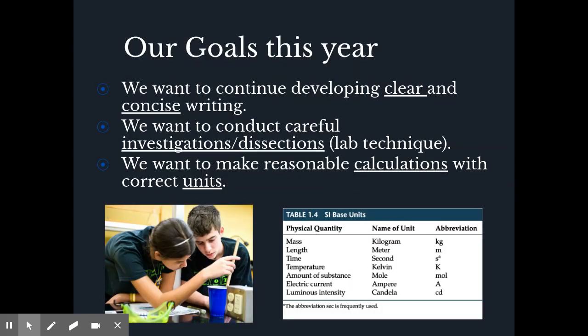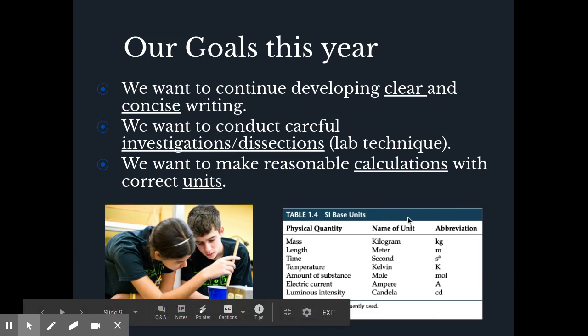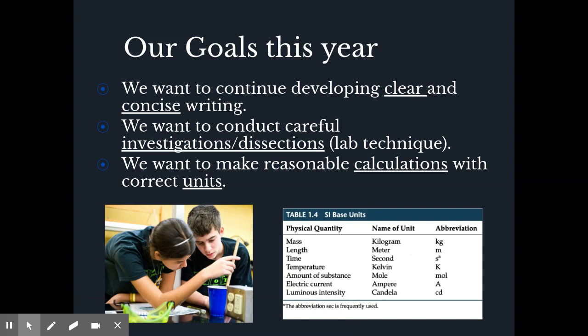And lastly, we want to continue developing clear and concise writing. In science especially, one of the big things is you have to be extremely clear and extremely concise and honestly very precise as well. The reason why I have this picture of physical quantities as well as units here is that one of the rules in science is you never want to write a number by itself. You always want to have the unit with it.